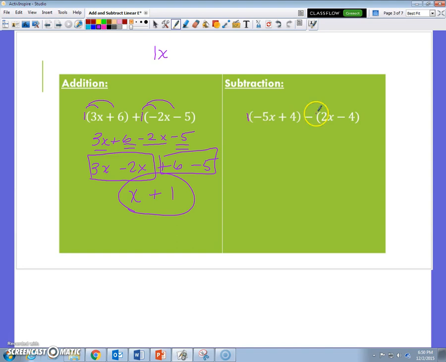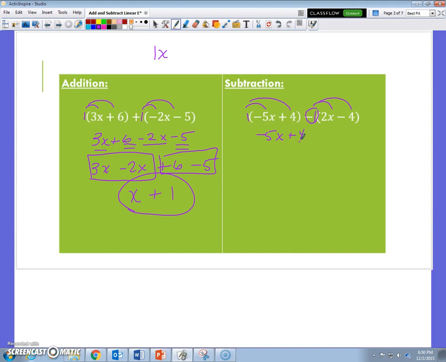But unlike addition, there's a minus sign in between. And so you have to really pay attention to what the sign is in the middle, whether it's addition or subtraction. In this case, what I want to do is not just distribute a 1, but distribute a negative 1 and distribute a positive 1 in the front. So what happens in the front is, again, nothing changes because I'm just multiplying everything by positive 1. 1 times anything is itself, so nothing actually changes.